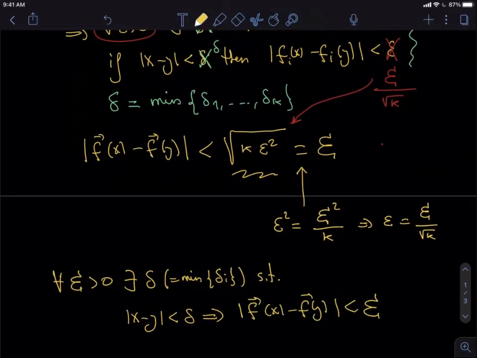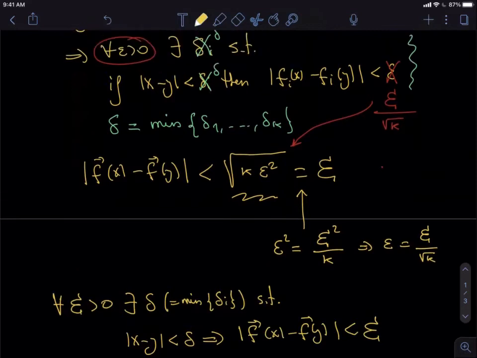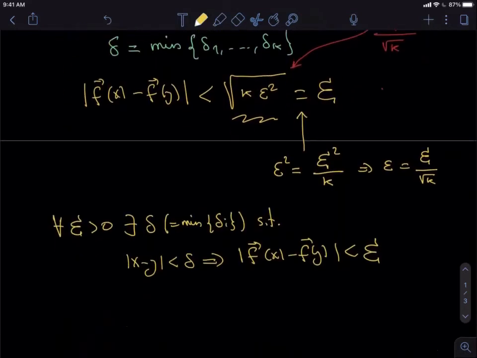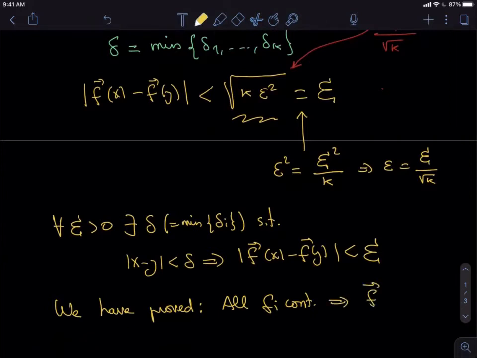I just used the proof above. So here, what did we prove? We have proved that f_i continuous implies vector f continuous.